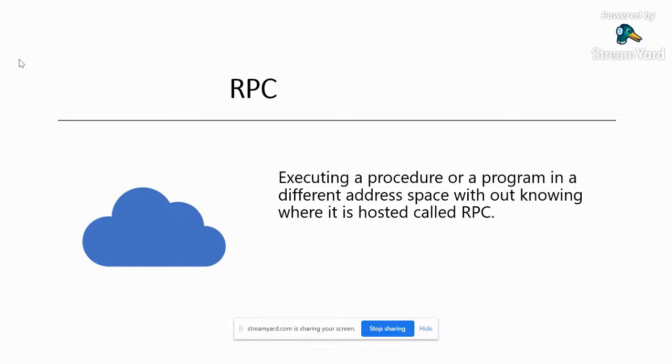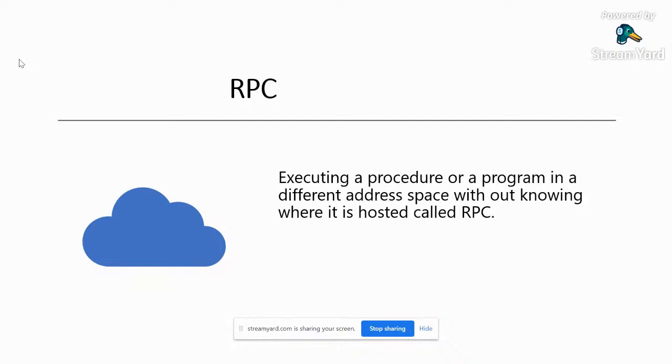Otherwise, without RPC, if I have to call a program which is running on another machine somewhere else, I need to know which address space it is running in, and how to communicate, which is an API. Here also an API is required, but we don't need to know which address space it is running in.